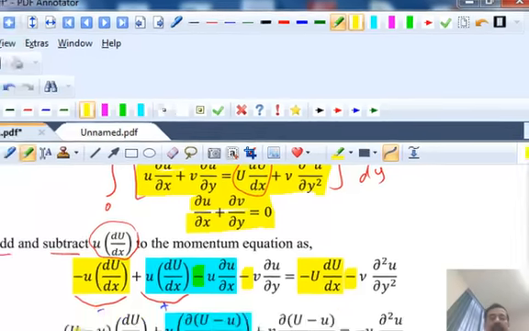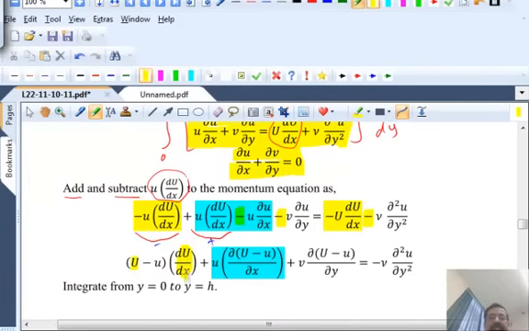That is u times du dx, which is the same as the term on the right hand side, minus u times du dx. When that term, minus u du dx, goes to the left hand side, it becomes u du dx. And then I have minus u du dx. So I combine this as U minus u. Capital U is the potential flow at the edge of the boundary layer. Lowercase u is the velocity inside the boundary layer.